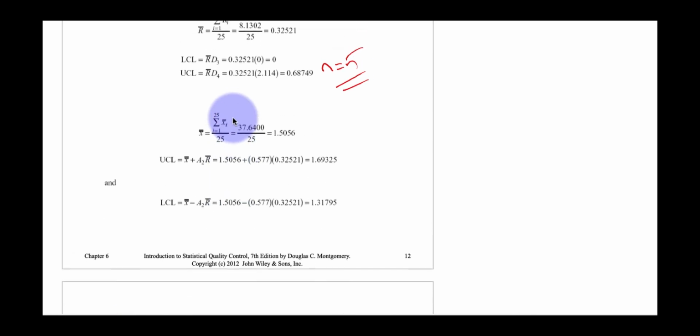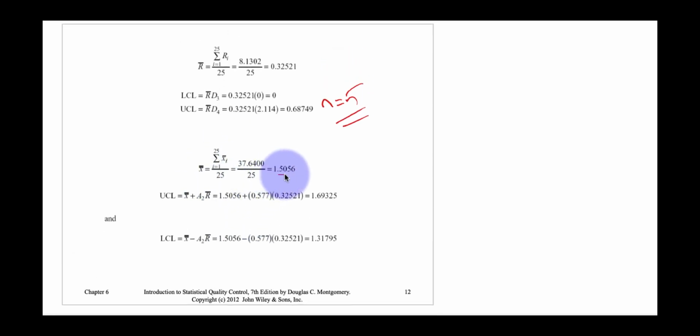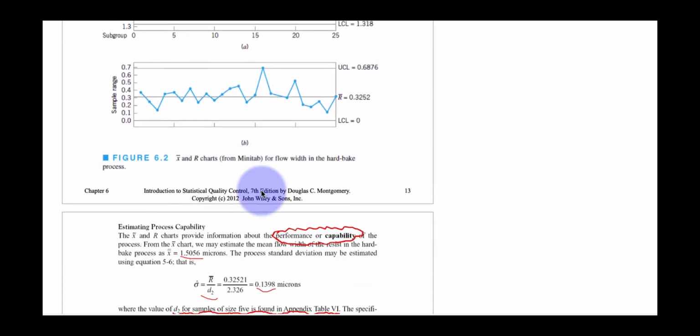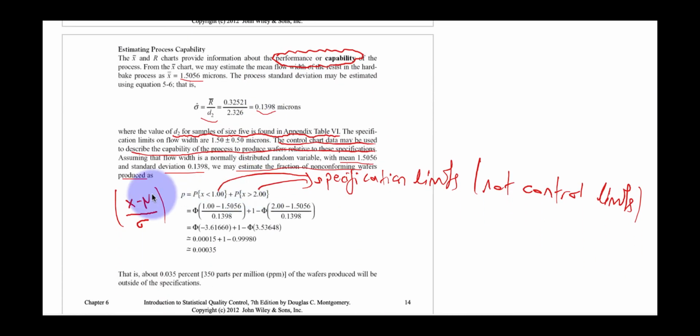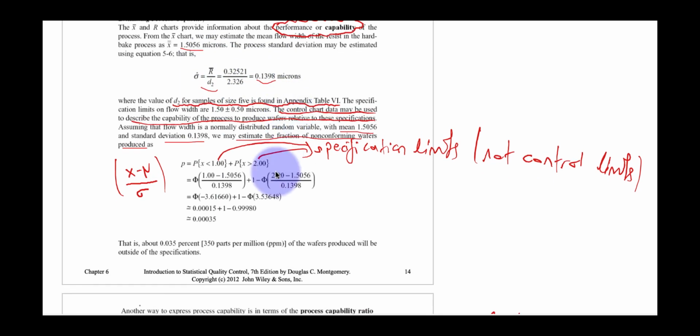It's the grand average we use for the X-bar chart, right? It's an estimation for mu, we can use it. This is the best estimator we have, the grand average. So we use it instead of the mean. And for the standard deviation, we use this formulation, right? We use this formulation for the hard-baked process.